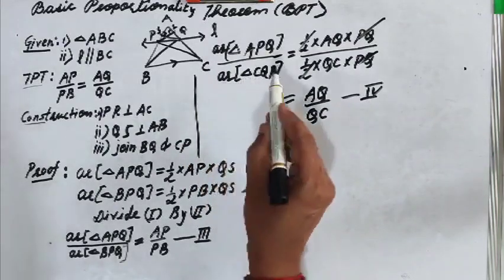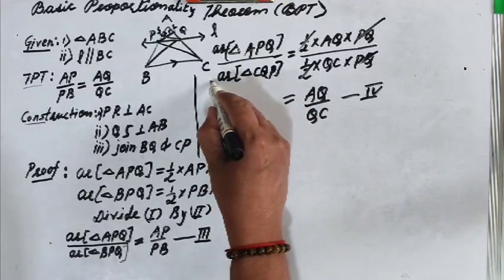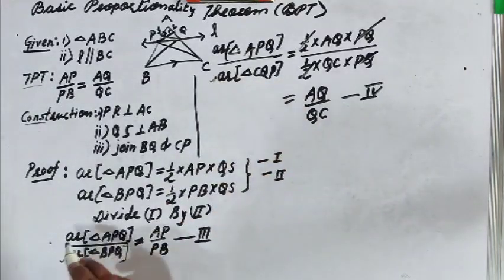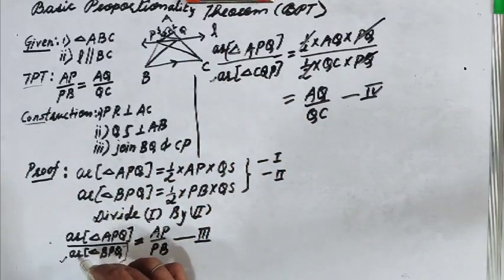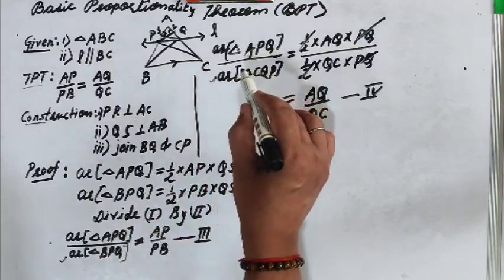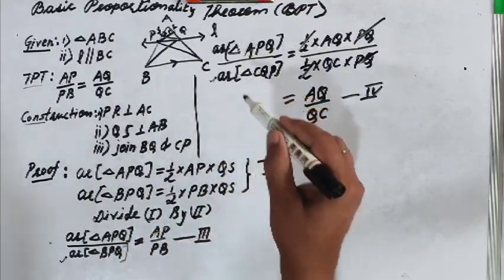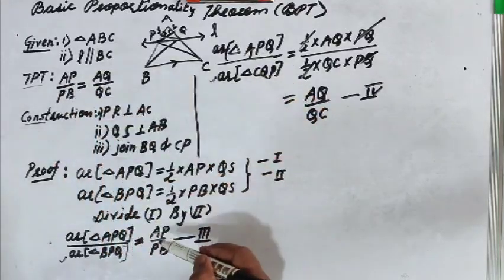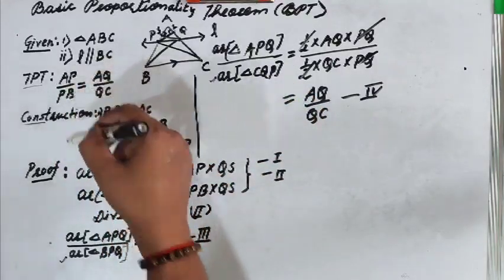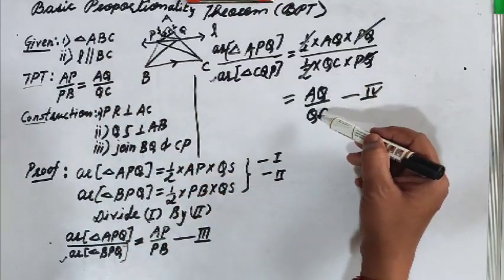So we will try to make the area of this one equal to this one. If the area of this triangle equals the area of this triangle, then the numerators and denominators of the third and fourth will be equal, and then easily we will get this answer, because you already got AP upon PB, and here you got AQ upon QC.